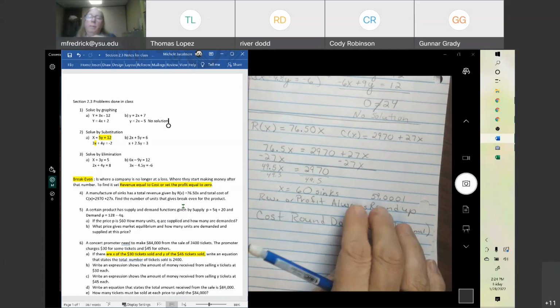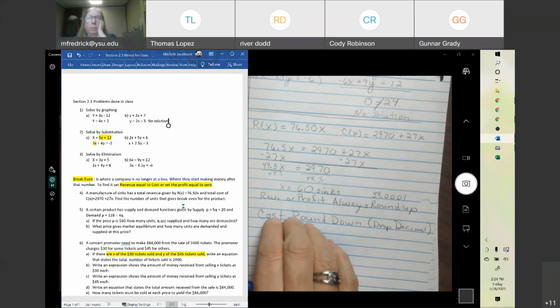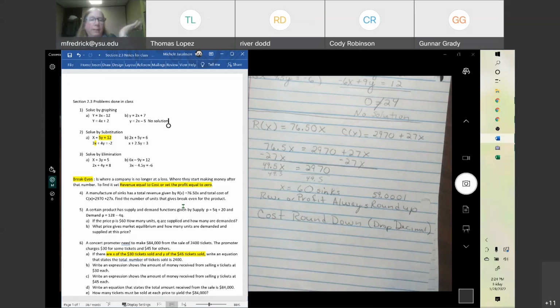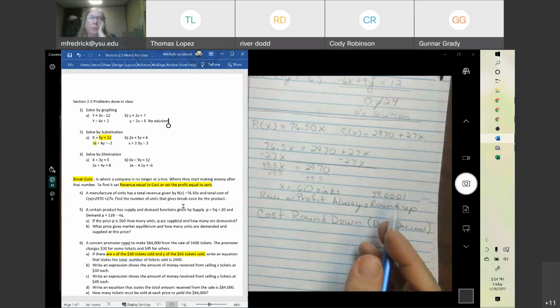So revenue and profit, if it should be a whole number, which in most cases it should. Decimal ones would be pounds of coffee, that can be in decimals. Crates, you probably could sell half of a crate.